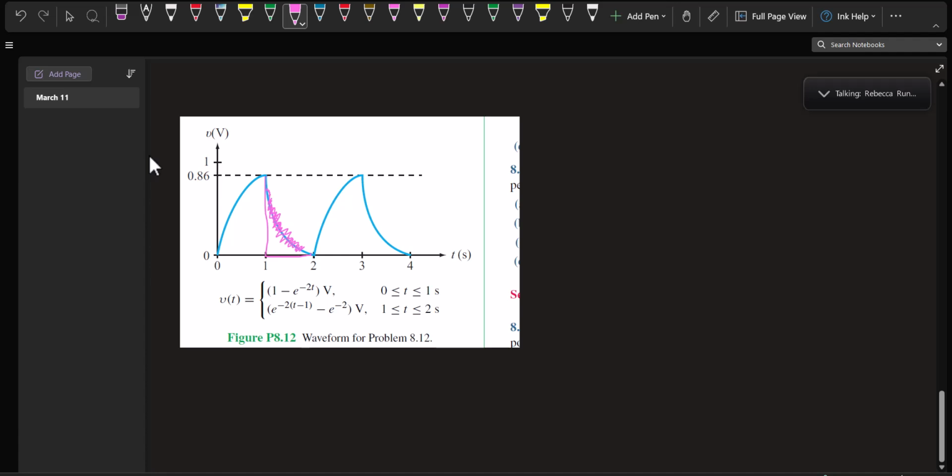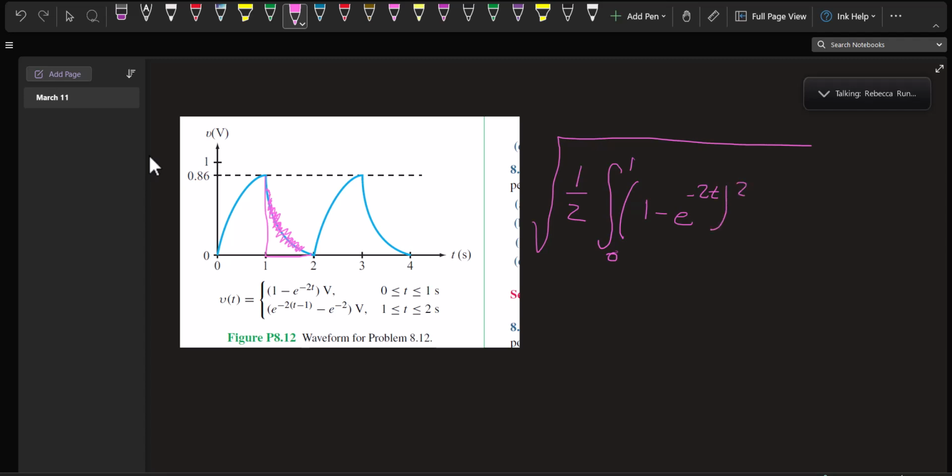So I would have the integral, well, the square root of 1 over 2 times the integral from 0 to 1 of (1 minus e to the minus 2t) squared dt, because this second part here is 0.